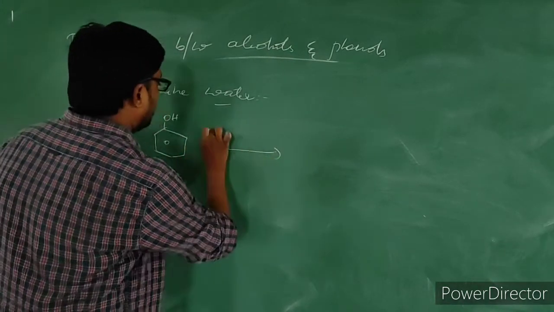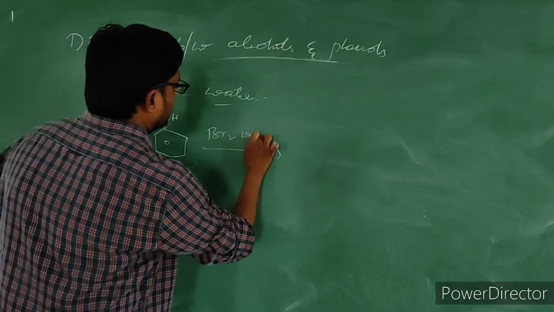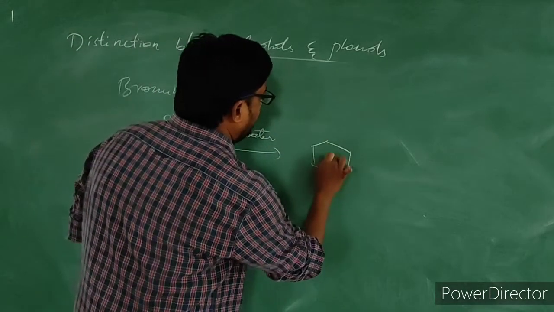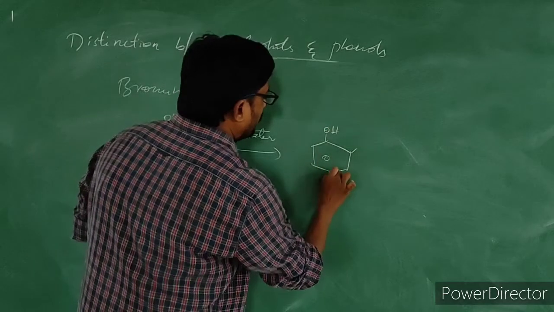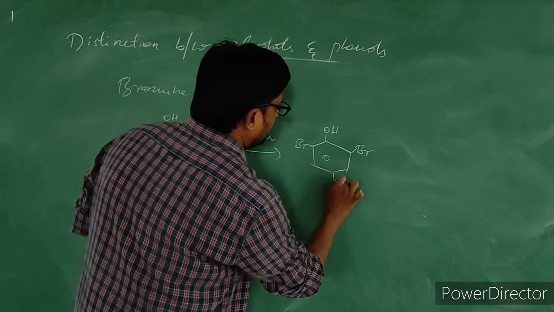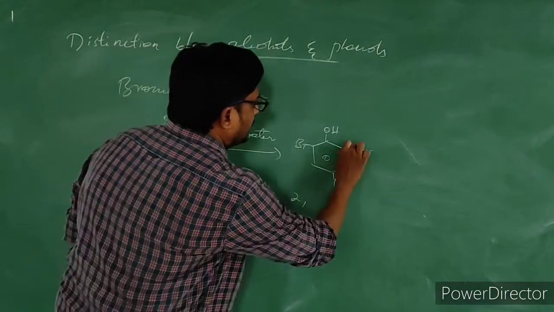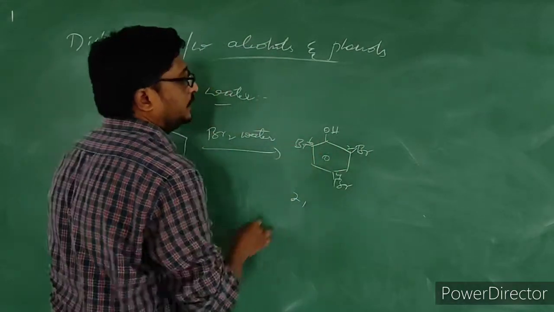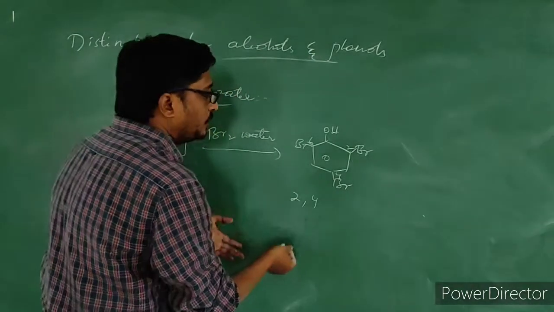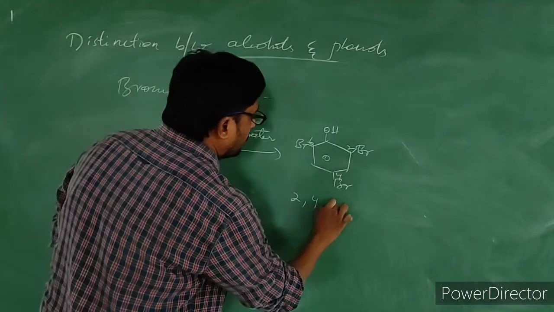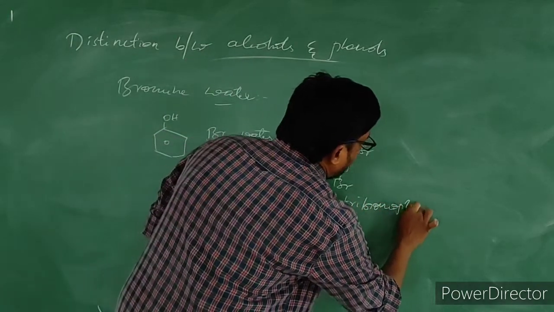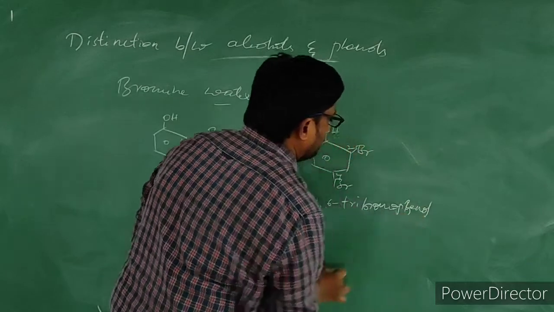When phenol is treated with bromine water, it produces a white precipitate, 2,4,6-tribromophenol, with bromines at the second, fourth and sixth positions.